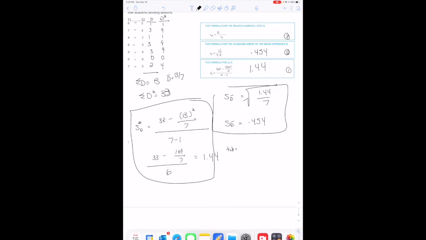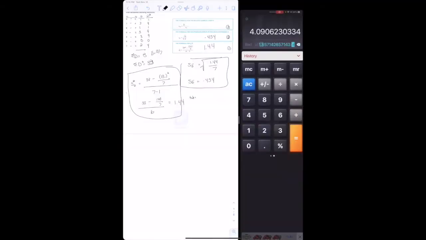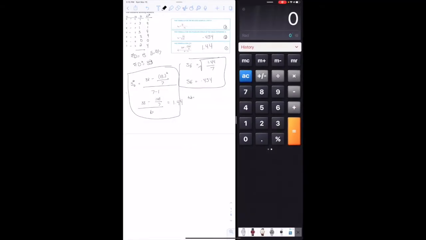Let's bring up the calculator real fast. I've been trying not to do the calculations in front of you, but here we are. Let's take 13 divided by 7. Gives us a D average of 1.857.